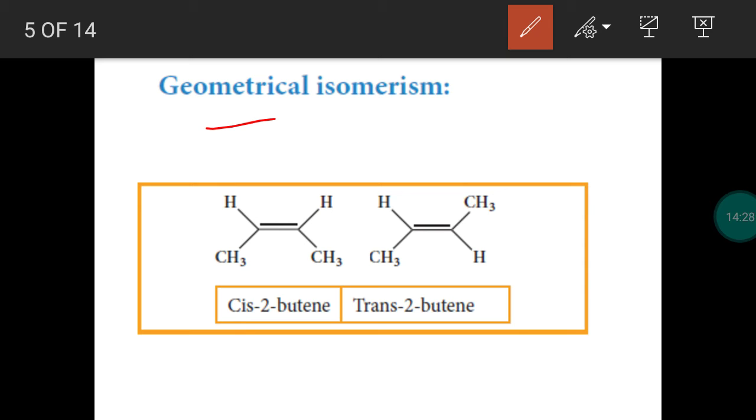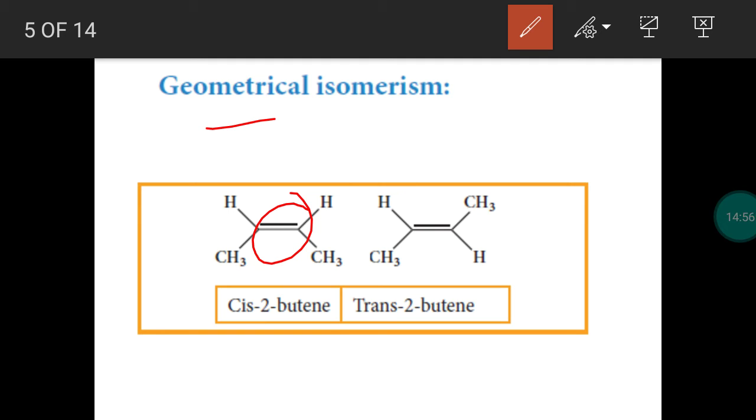The restricted rotation of the double bond between the carbon atoms. In alkenes, at least one double bond is present between the carbon atoms, and the rotation is not free. If you take alkanes, the carbon single bond carbon has free rotation, so we get different structures. We call them conformations.